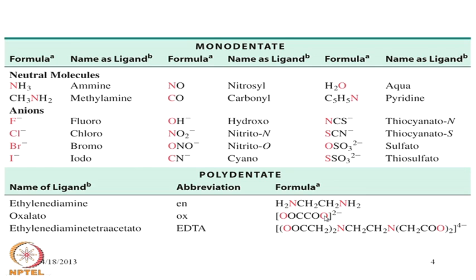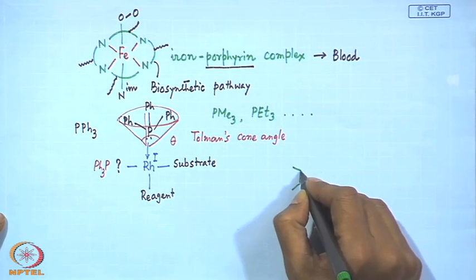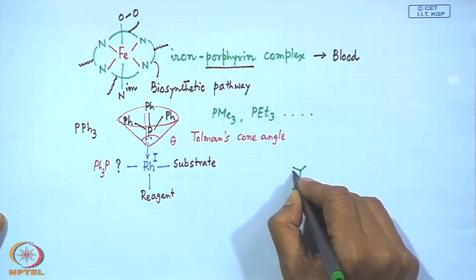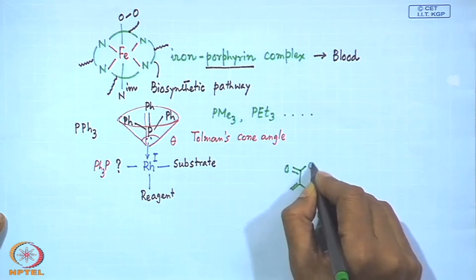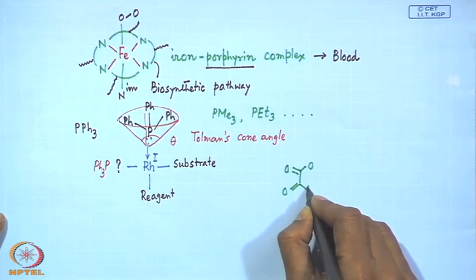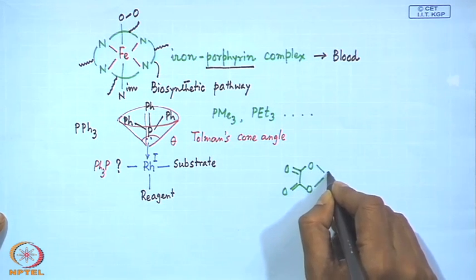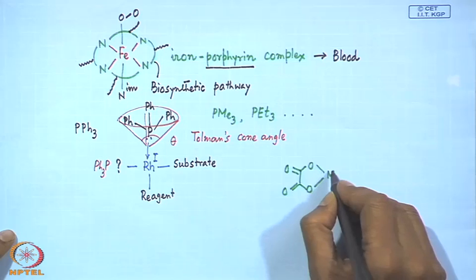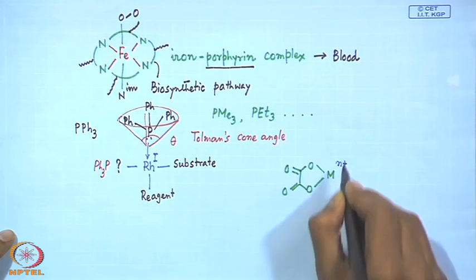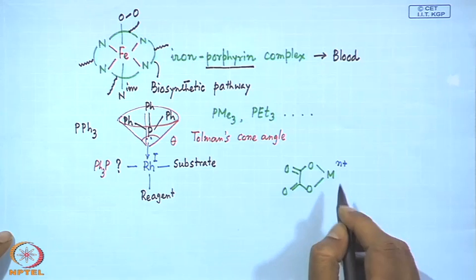This group has two negative charges, and it then binds to the metal, giving the corresponding metal oxalato complex.